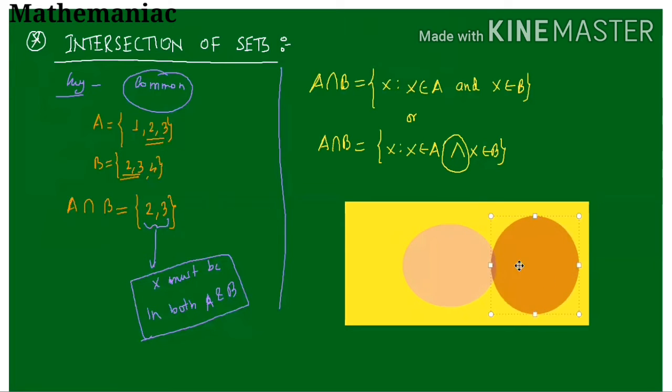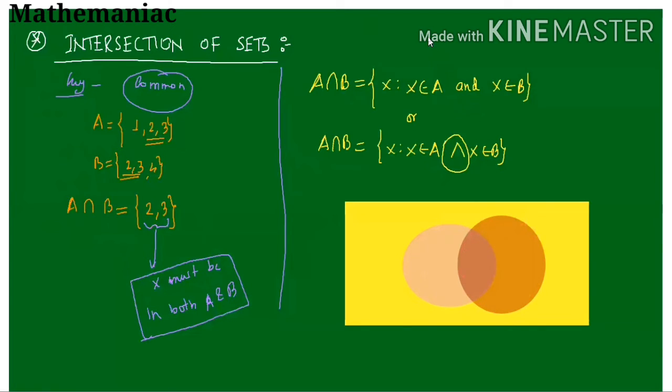This is set B. But again, as I told you, you have to have something in common. Remember, this time only this common part is known as the intersection. Earlier we had the complete part as union. Here only this particular shaded part will be the intersection.